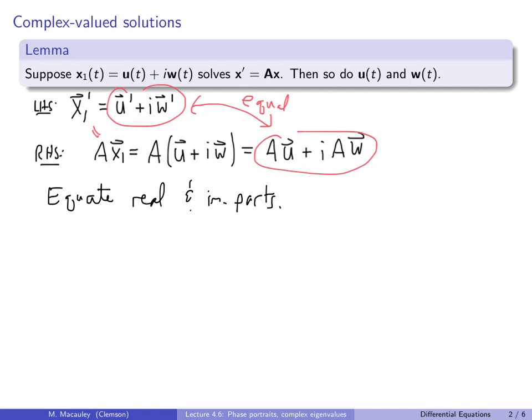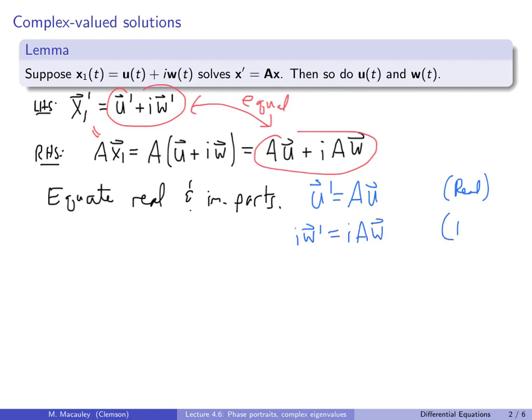The real part of the left is u prime, and the real part of the right is Au. So u prime equals Au. This is the real part. The imaginary part up here is i times w prime, and that better be equal to the imaginary part of this, which is i times Aw.